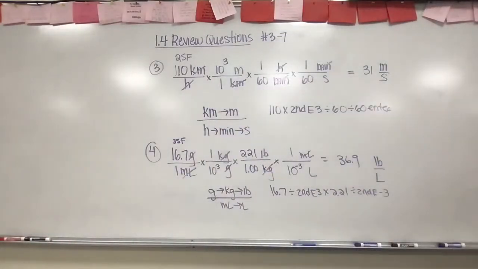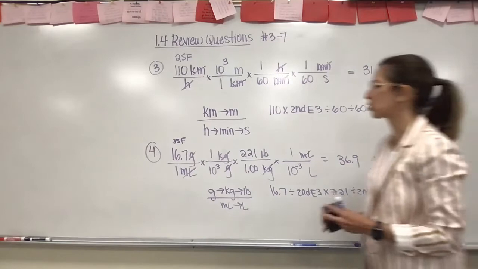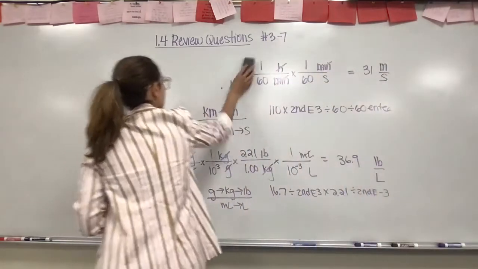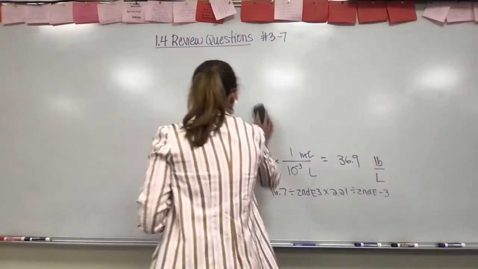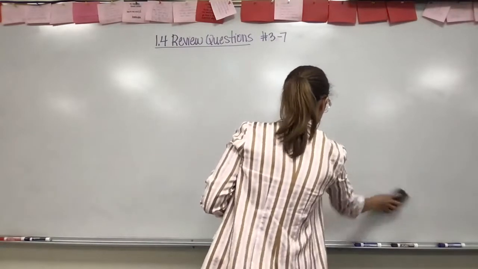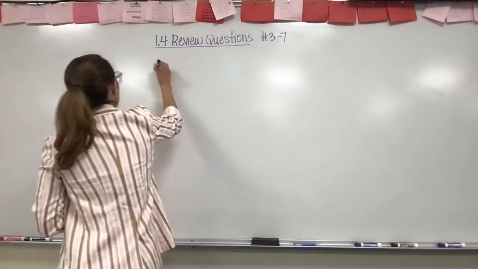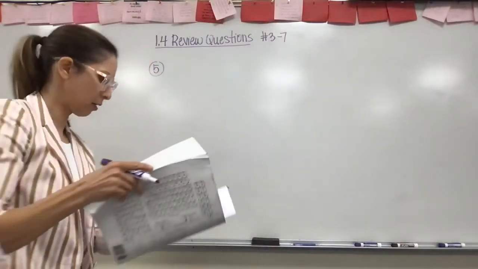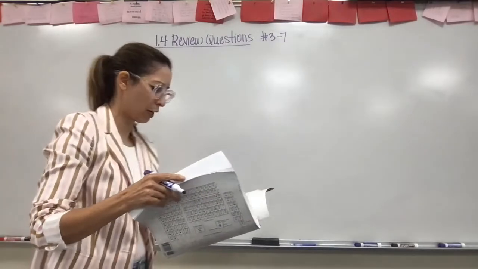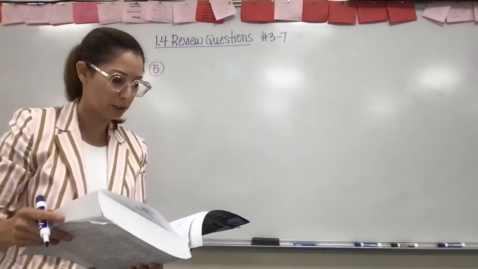Then, when we look at question number 5, it says silver has a density of 10.5 grams per centimeter cubed. You've got a mass of 6 grams.